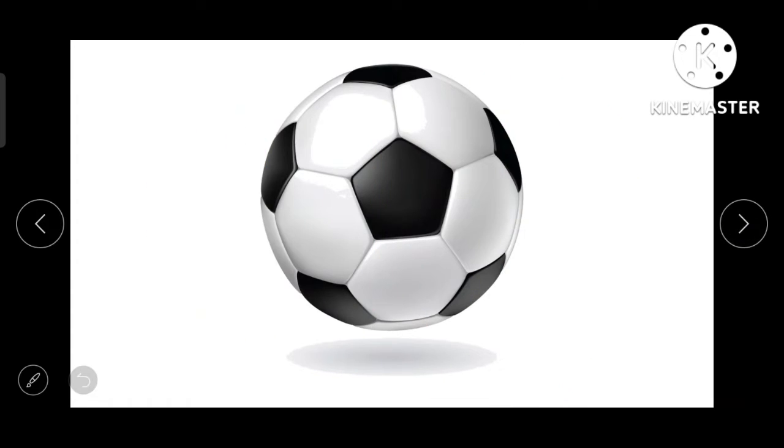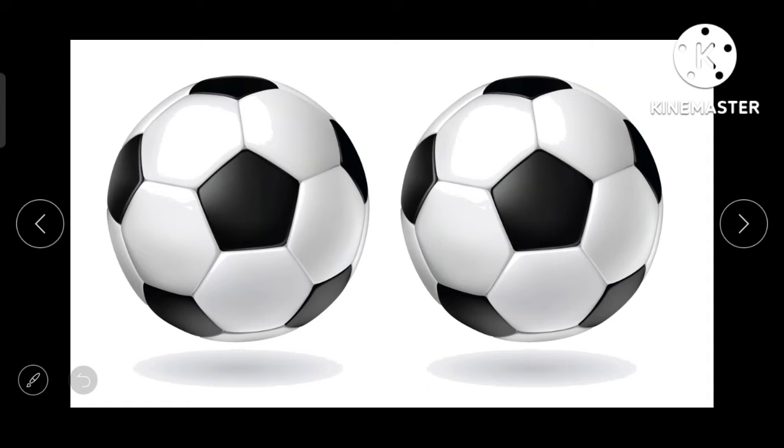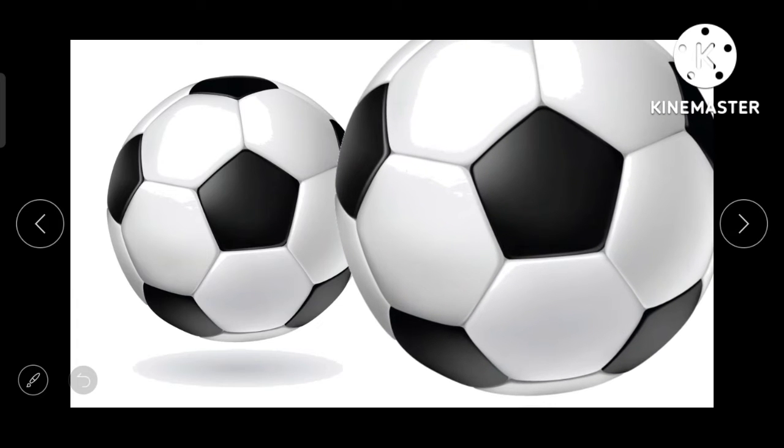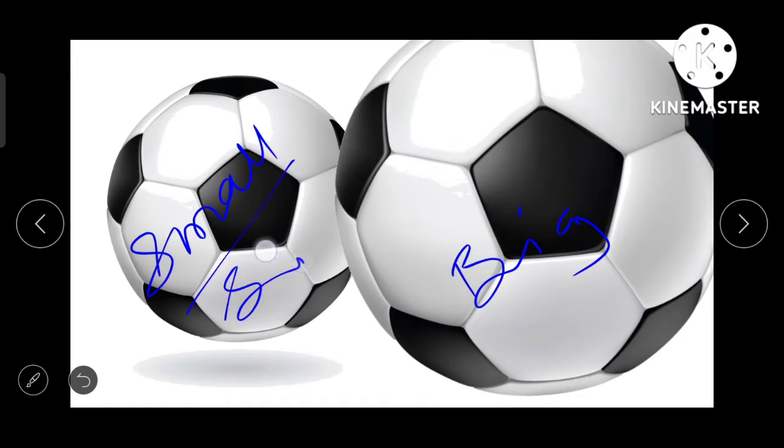One more example. Now on the screen, look at this ball. This is a ball. Now again on the screen, two balls. Out of these two, this one is a big ball, while this is a small one, small in size. This is big in size.